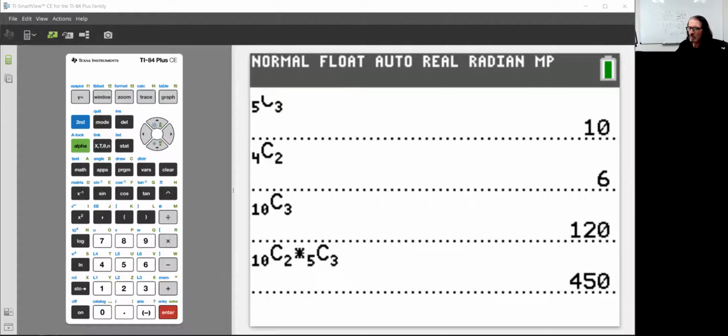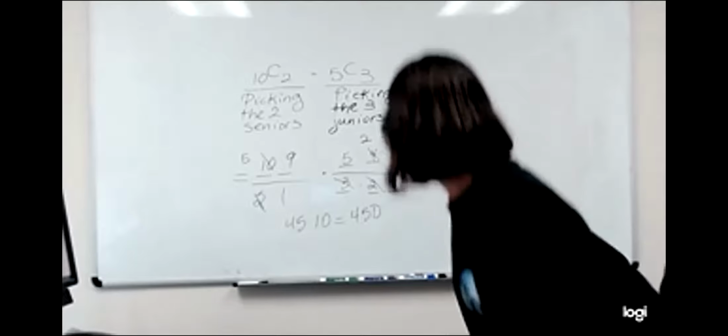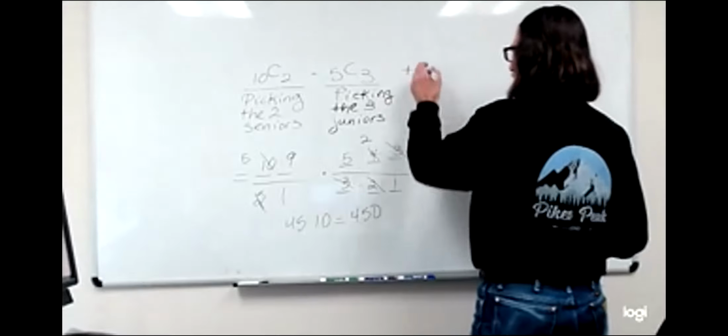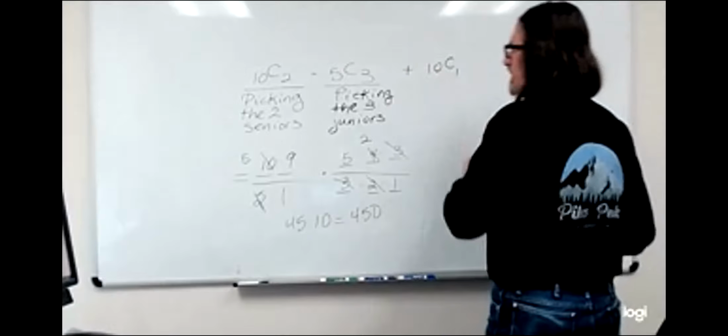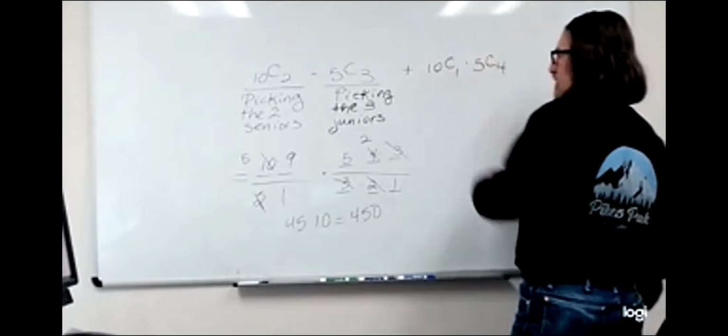Either we have the 2 seniors from the 10 and the 3 juniors from the 5, or 1 senior and 4 juniors. Well, the or should be telling us to add. Choose 1 senior and 4 juniors.